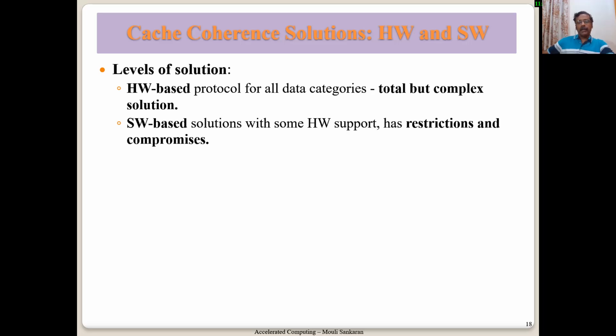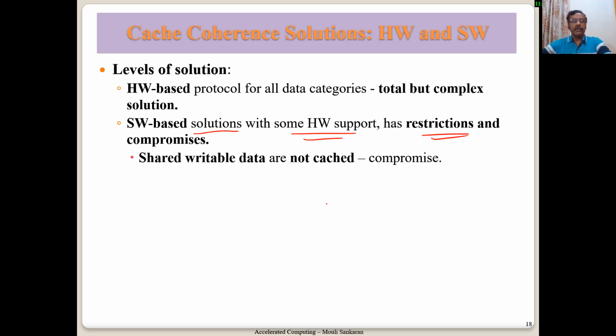What is the compromise? Shared writable data is not cached. If some data is to be shared with multiple processes running on different cores, I will not cache it at all. So it is non-cached. In that case, whenever I am trying to access that variable or modify it, I will come to the main memory and write it. Now, what is the problem that you are going to face?